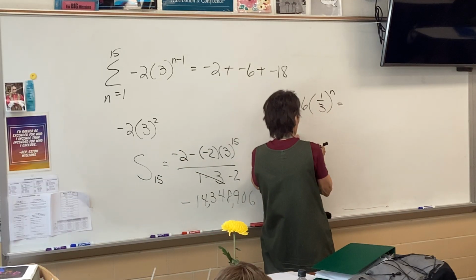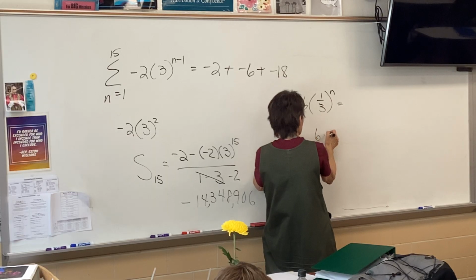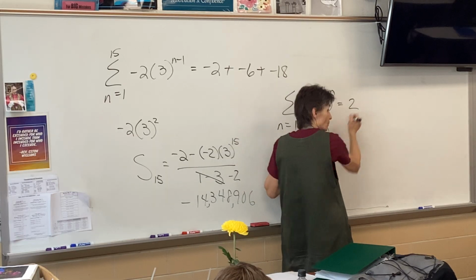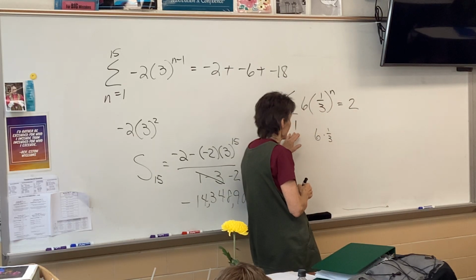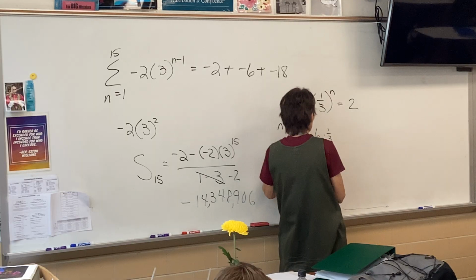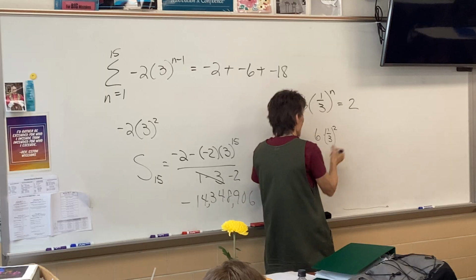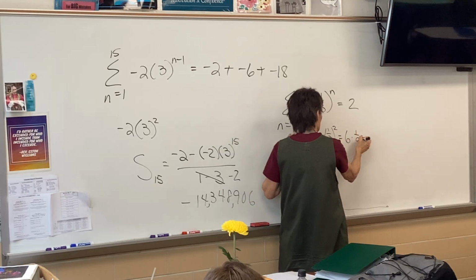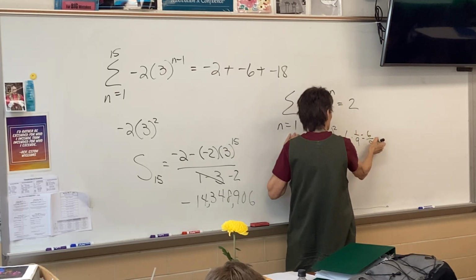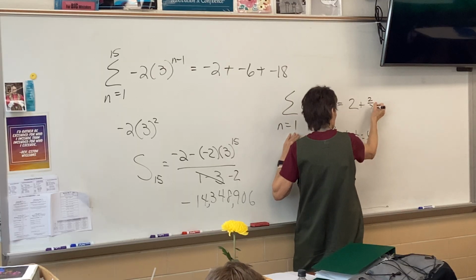If we put in 1, we have 6 times a third, which is 2. And then if we put in 2, we have 6 times a third squared, which is 2/3.